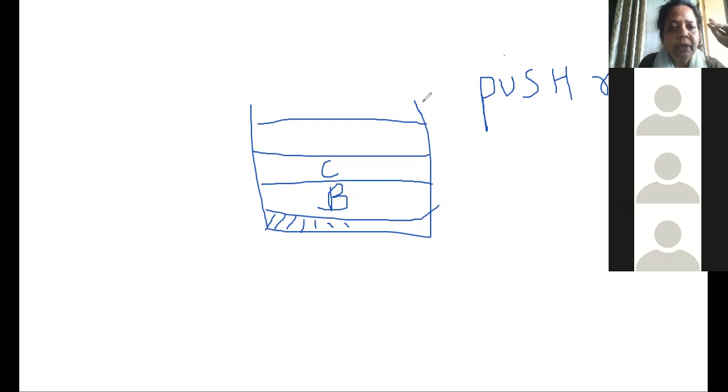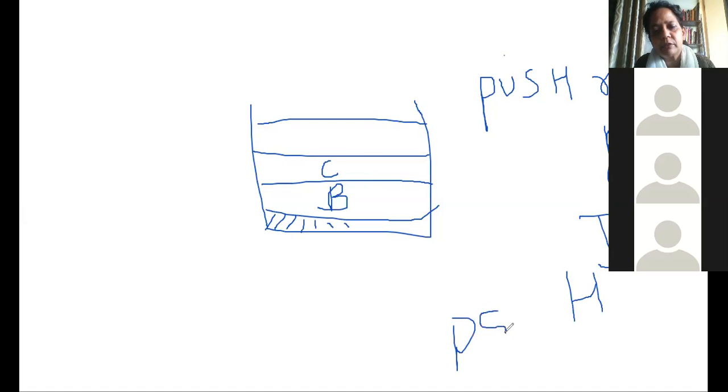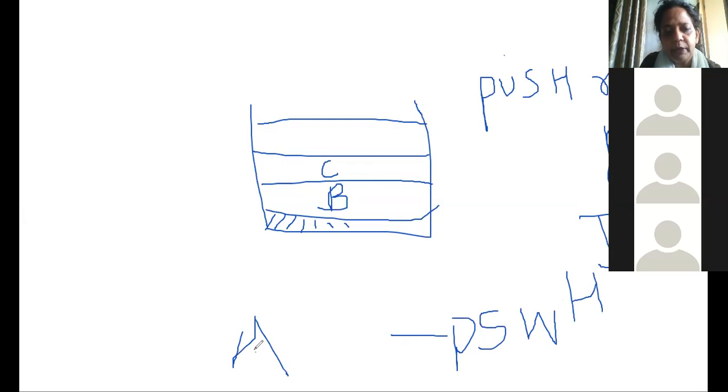Those values will be stored together in the stack. Whenever you say register pair, there are BC register pair, DE register pair, HL register pair, and there is one more register pair which is called the PSW, that is processor status word. This register pair consists of A, the accumulator, as the higher register, and the flag register as the lower register.